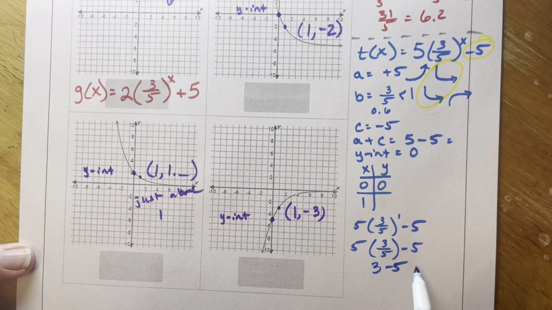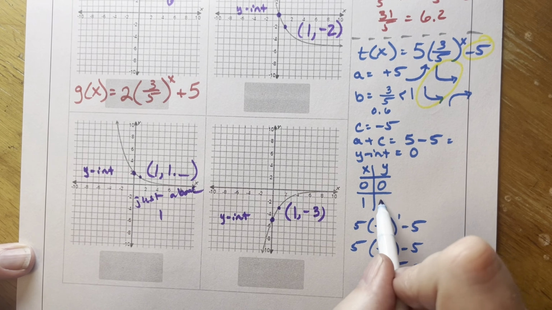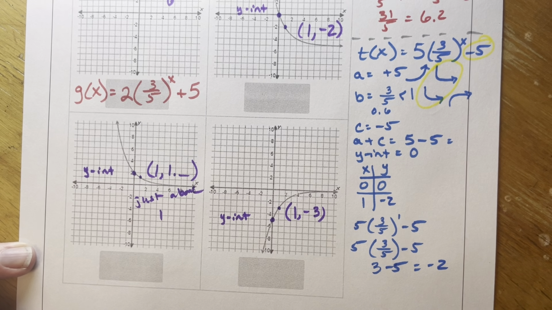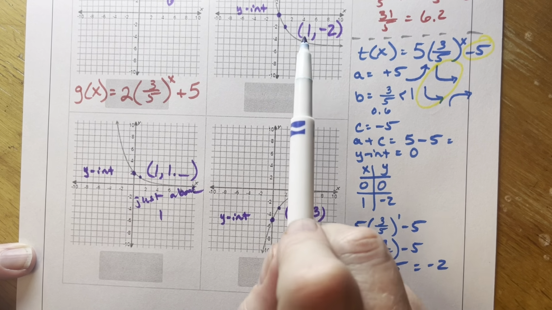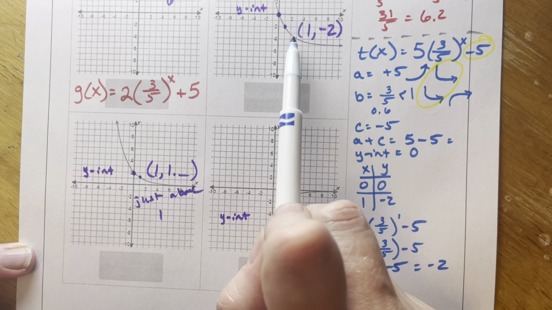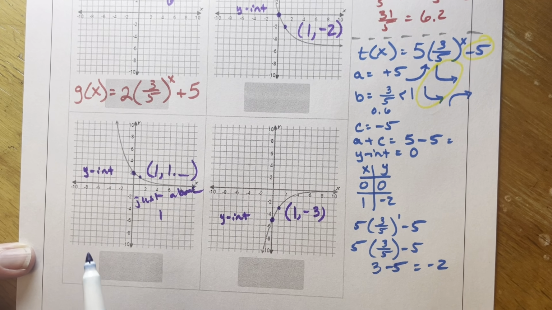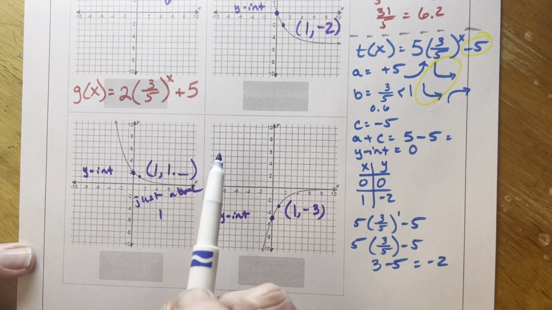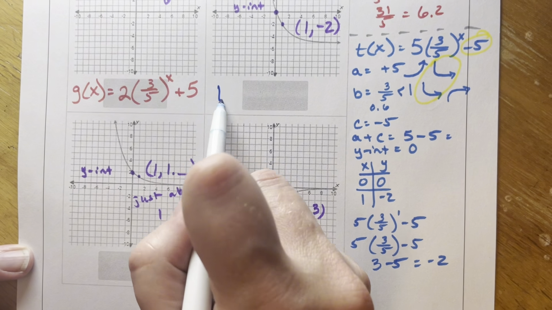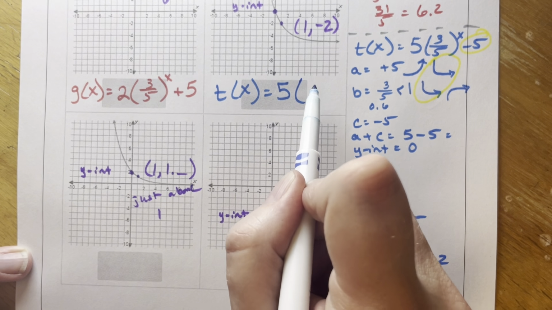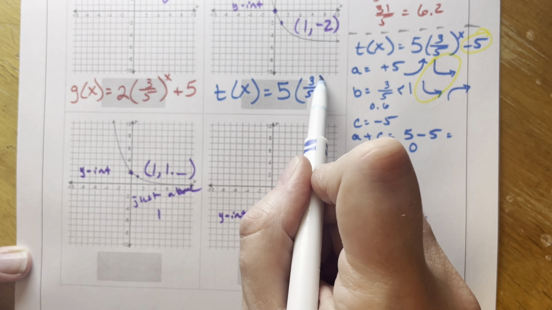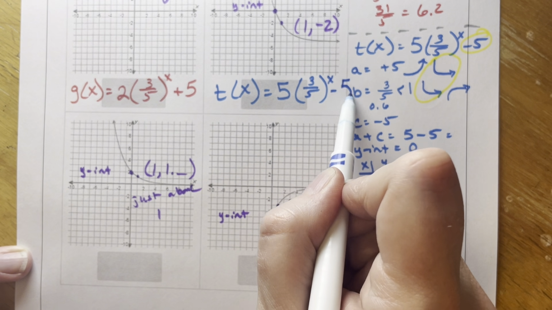And 3 minus 5 is -2. Aha. So my y value when x is equal to 1 is -2, and that is exactly what we see here in the given coordinate point, telling us that our second graph of t of x is equal to 5 times the quantity 3/5 to the x power minus 5.